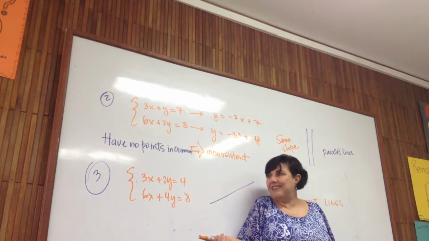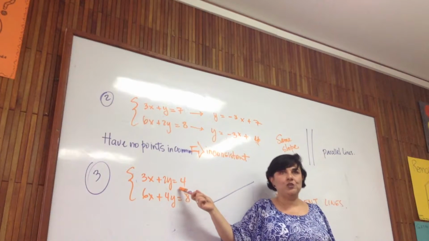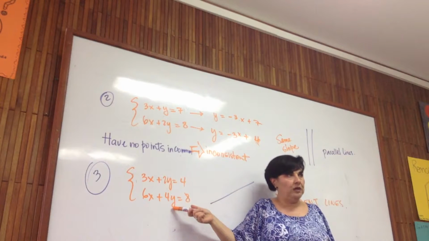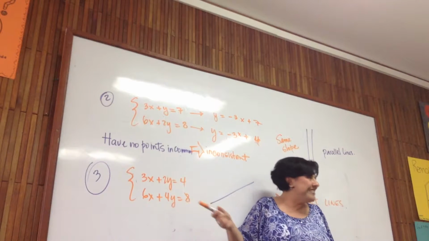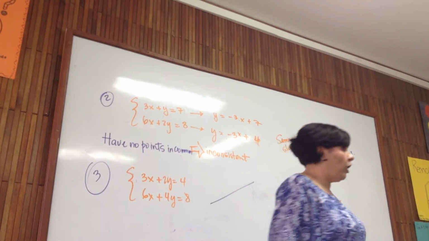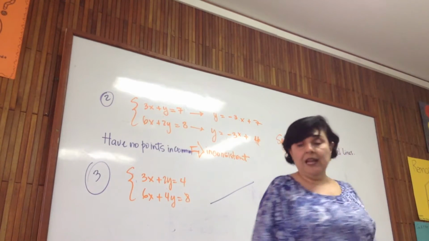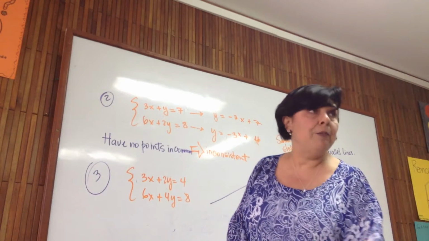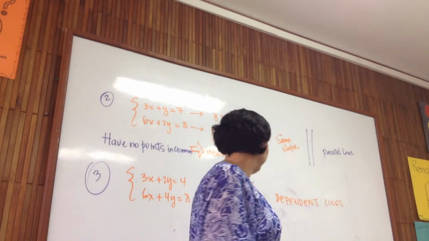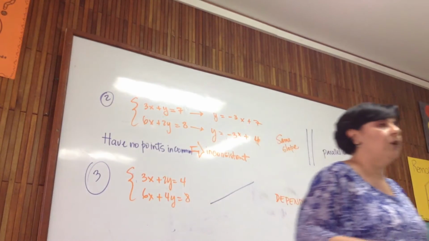Because one depends on the other, right? You multiply this one by a number, you get this one. Or you divide this one by a number, you get this one. They depend on each other. They're the same line, okay? That's why they're called dependent. Is that clear? So, when you go and you look at practice, I'm going to do the practice in a little corner over there.